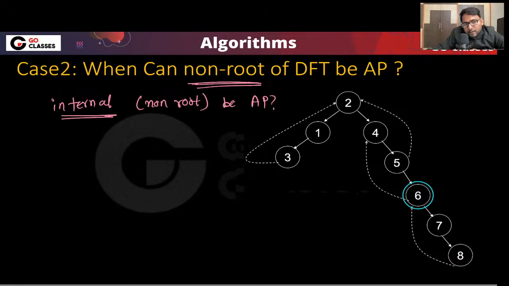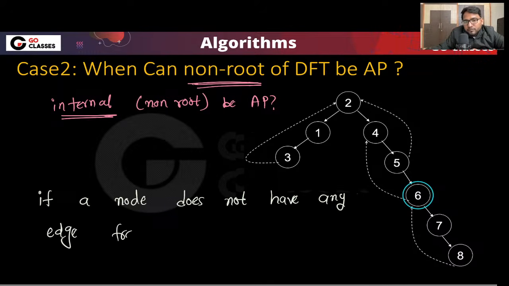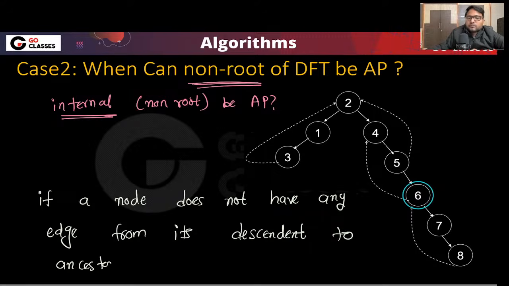You can say if a node does not have any edge from its descendant to its ancestor directly, basically, if you want.